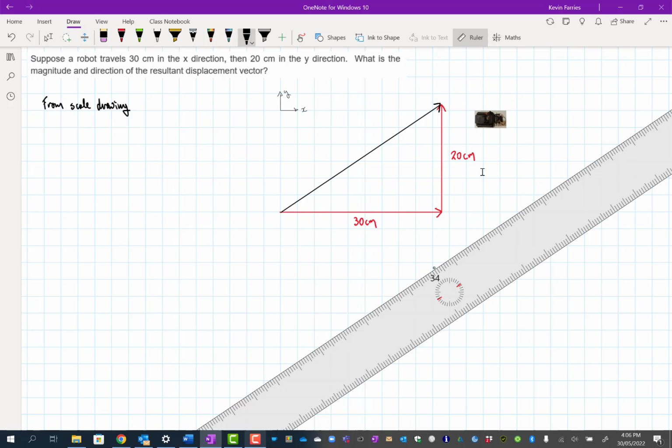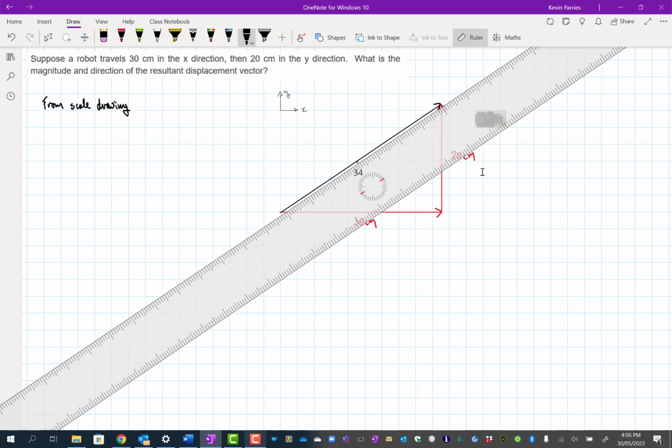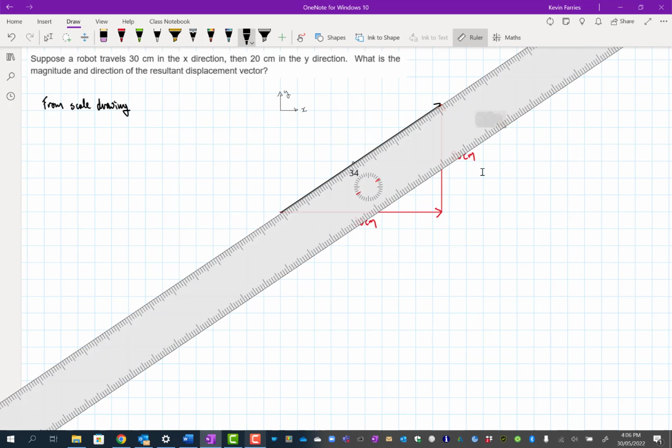So from the scale drawn, let's see what we've got in terms of displacement. We have 5, 10, 15, 20, 25, 30, 35 and 2 small divisions. 10 small divisions makes 5, so 2 small divisions is going to make 1.